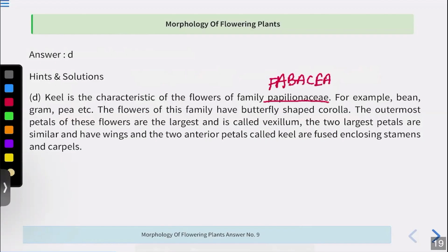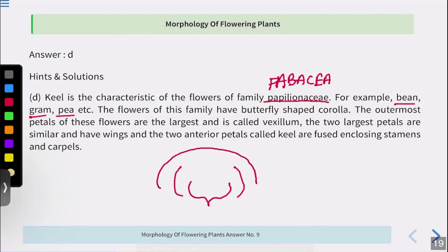Okay, now bean, gram, pea. They have this vexillary aestivation, and they have a butterfly shaped corolla. Vexillum is the outermost, large petal. The lateral petals are the wings, and the anterior petals are the keel, enclosing the carpels. So, as I told you, this is the anterior petals, this is the lateral petal, and this is the posterior petal.